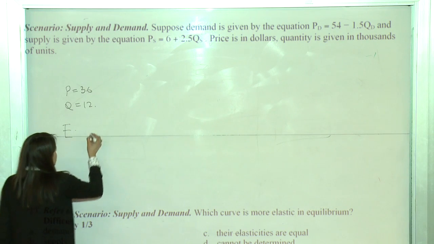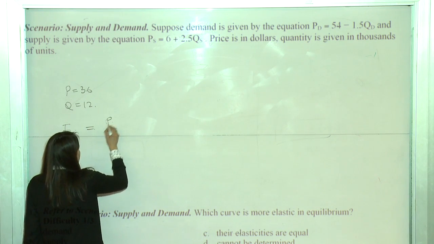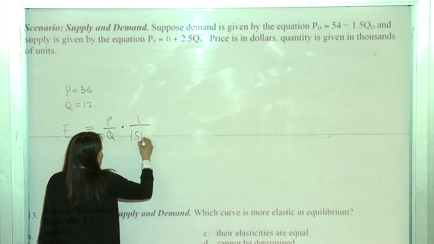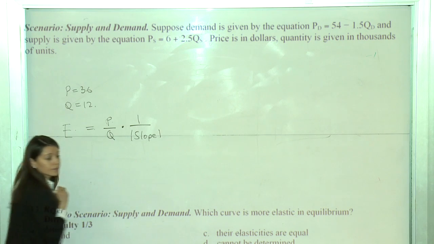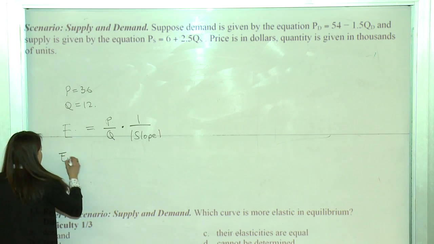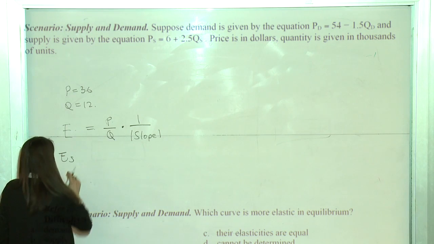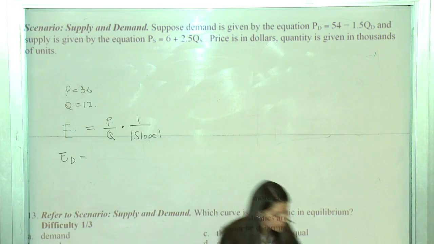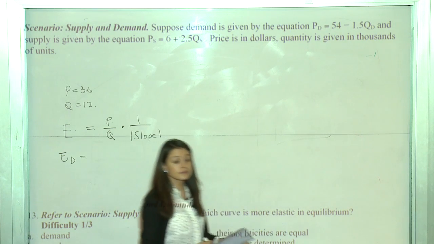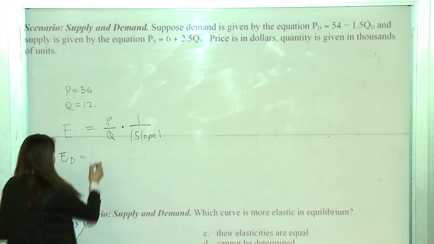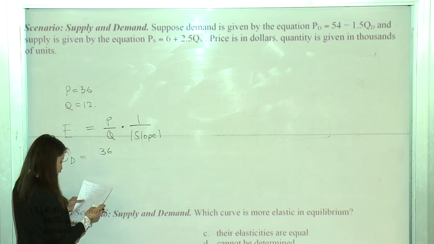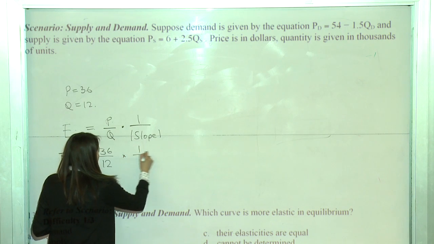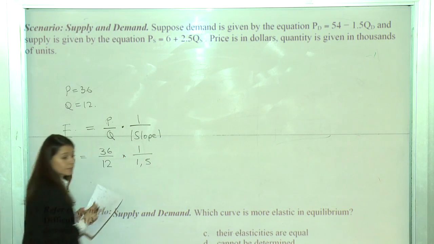So the elasticity is equal to price over quantity times 1 over the absolute value of the slope, right? So the point elasticity of demand is going to be equal to 36 divided by 12 times 1 over 1.5, right?